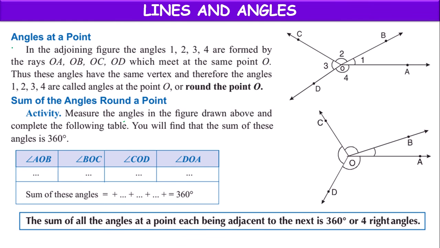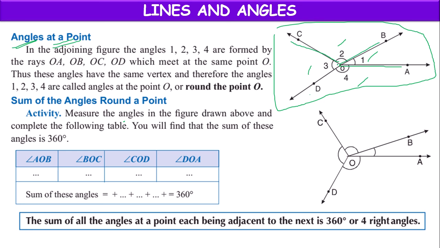Next, angles at a point. In the given figure, we have so many angles: angle 1, angle 2, angle 3, angle 4, formed by the rays OA, OB, OC, OD. 1, 2, 3, 4 are the angles, and OA, OB, OC, OD are the rays.